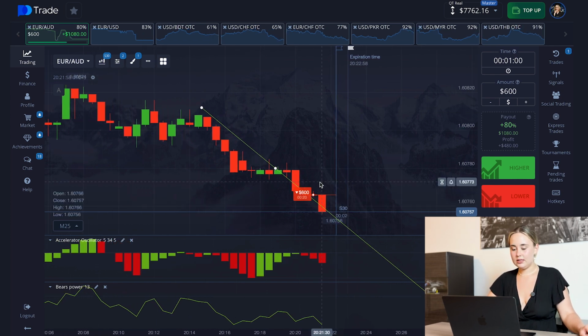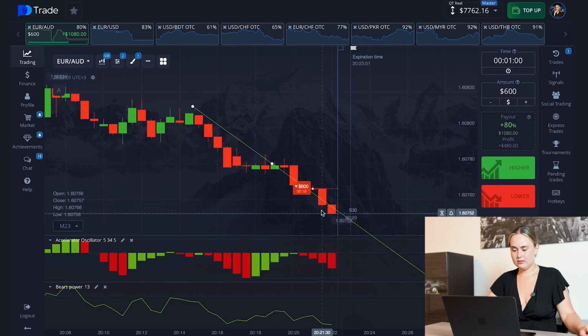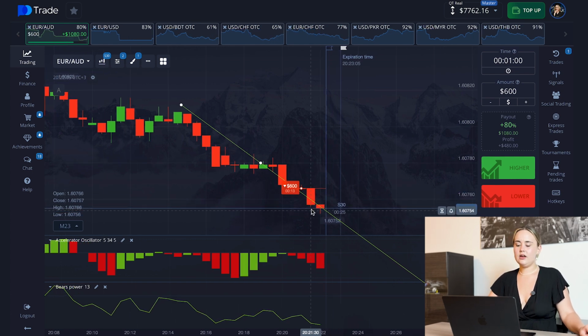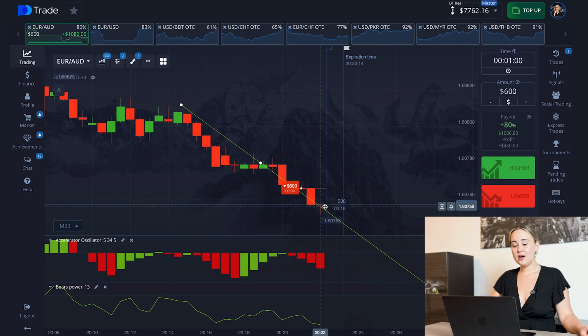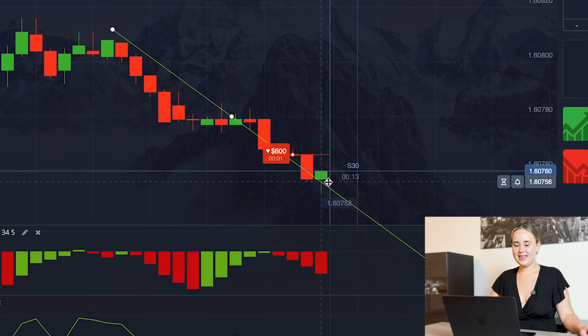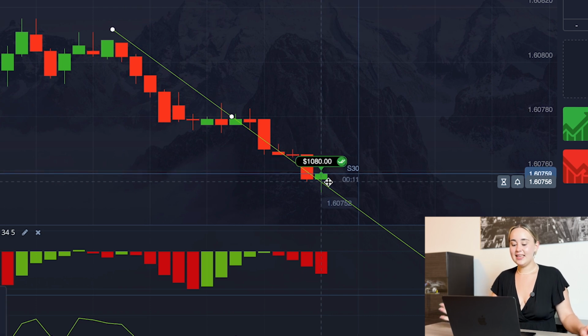And actually, as we look at candles, you can see that the wicks right here are really small, and it only means that the price is gonna go lower. And I think in a matter of seconds we are gonna have another profitable deal for today, guys. And yes, this is exactly what happened.